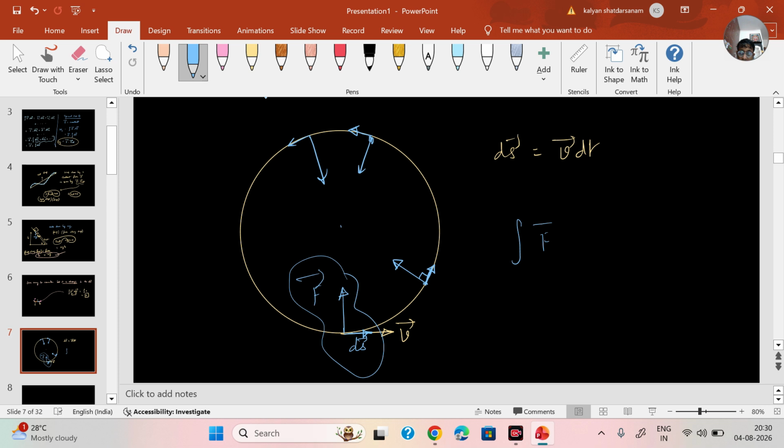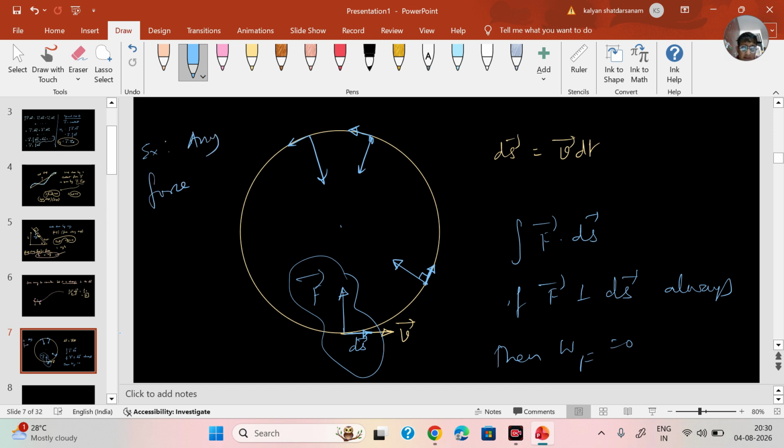So integral F dot ds, if F is perpendicular to ds, not at one moment, but always, this is a very important point, then the work done by such a force will be zero. Example, any force which is acting towards the center in a circular path. Because it is pointing towards the center, we call it centripetal, but you should tell what that force is. Is it gravity, friction, whatever?